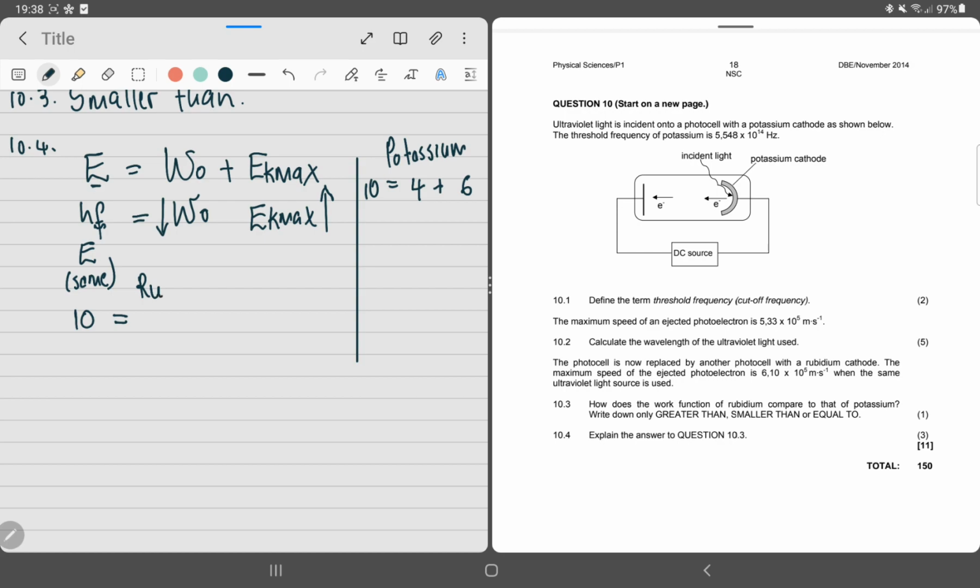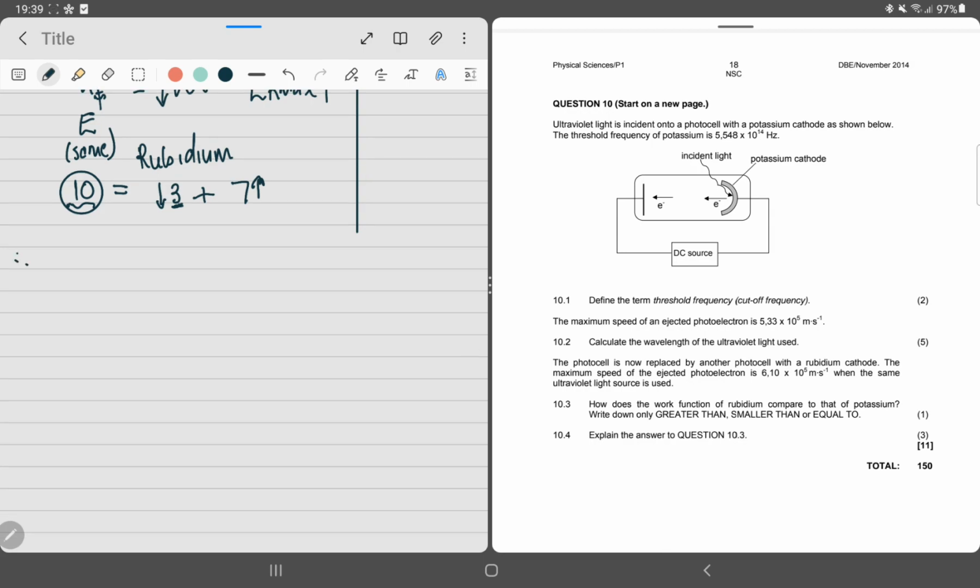Now I'm using rubidium. If my speed has gone up to 7, but the energy is still the same, it is still 10. It means that if the speed goes up, the work function must go down to 3. Instead of it being a 4, it will be a 3. So that when I add the 7, I still get an energy of 10.